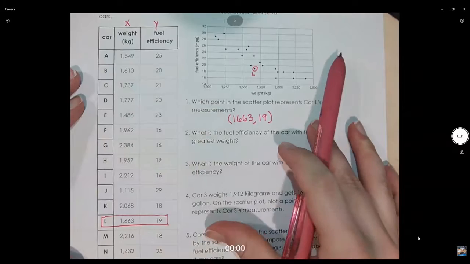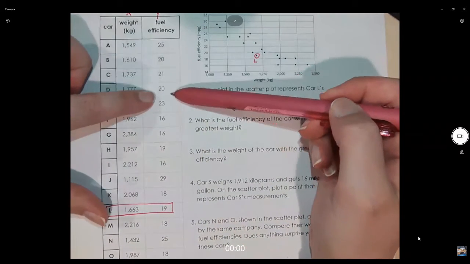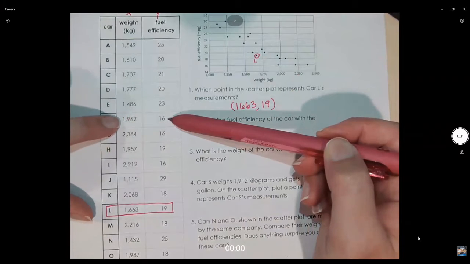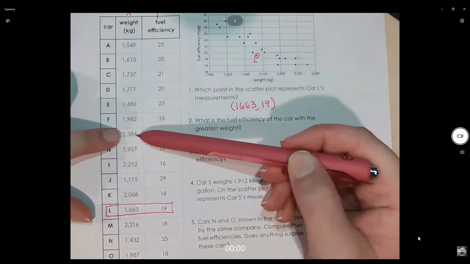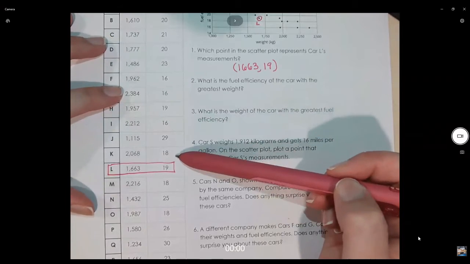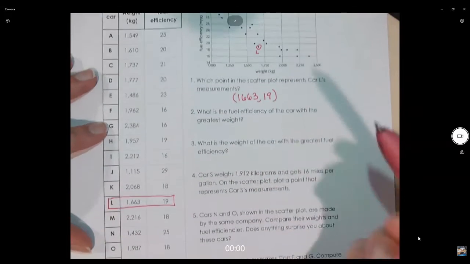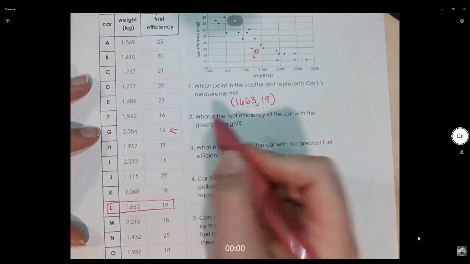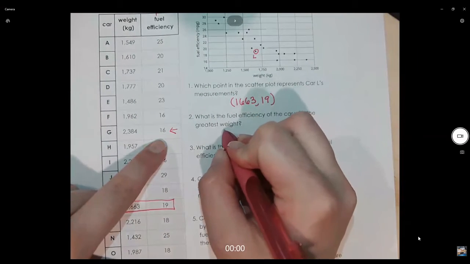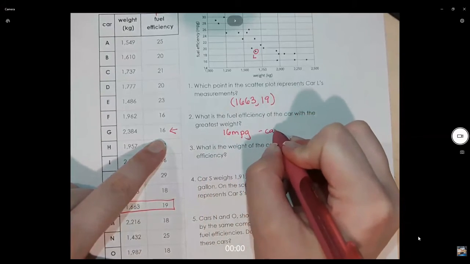So it might be faster if I try to find the 16 fuel efficiency and see if I have one that is 2,000 something. So this one is, but we want the larger one. Okay, so it must be car G that we're referring to, and that is at 16 miles per gallon for car G.